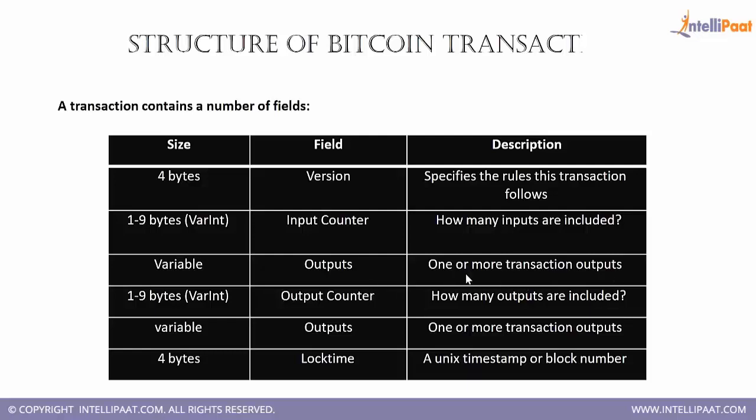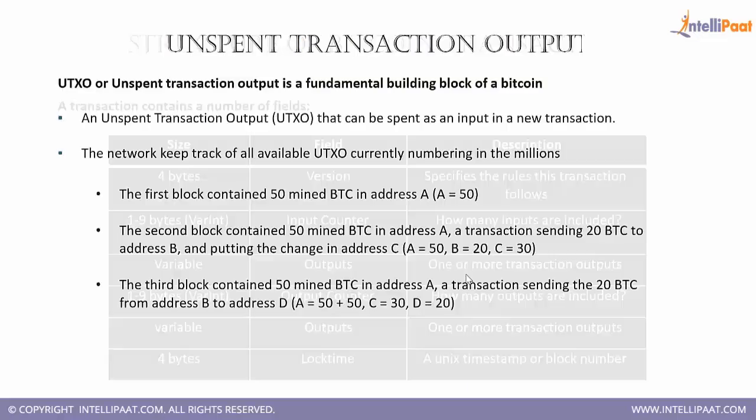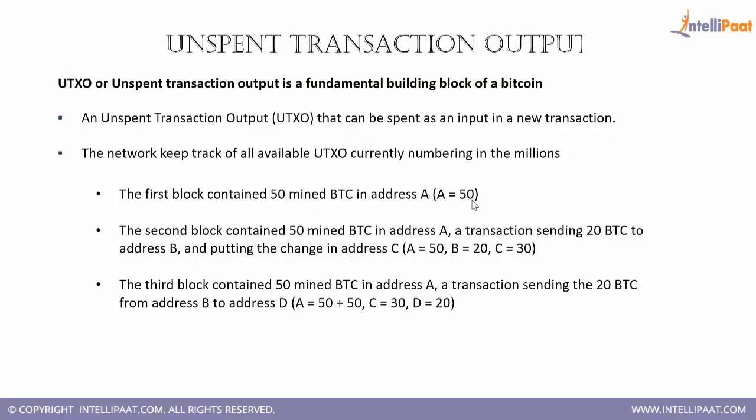If you look at our example over here, this is one of the inputs to block B, which has multiple outputs: 20 BTC and 30 BTC. And then again this is an input of 50 BTC which is mined, an unspent output but mined. So this is one input which is mined, and then you have 2 outputs.